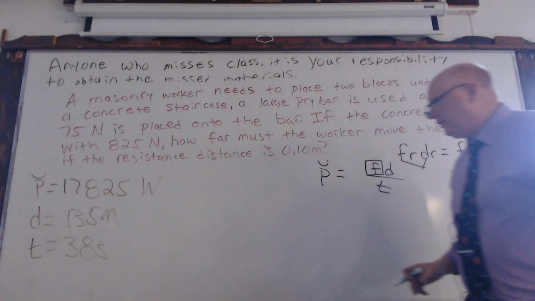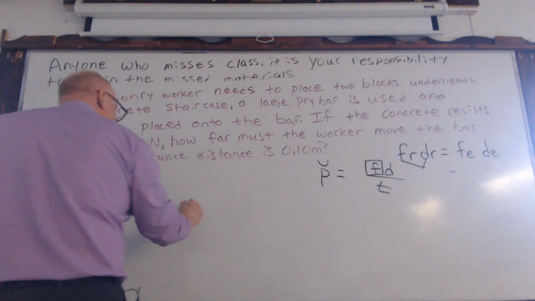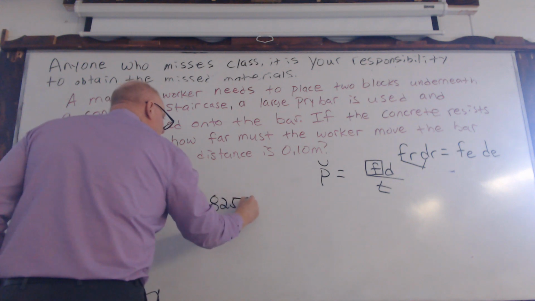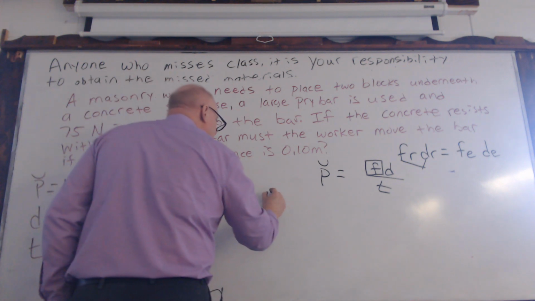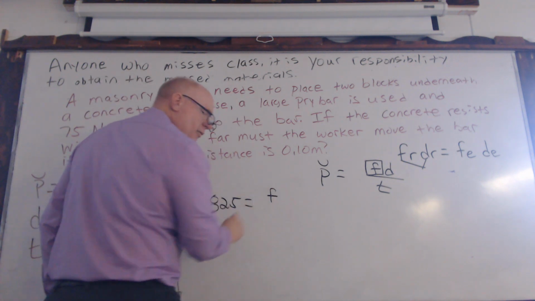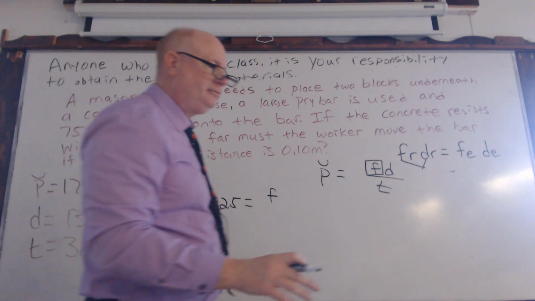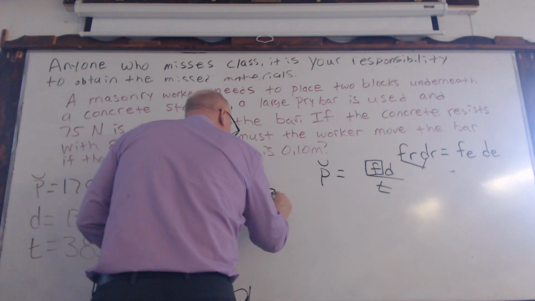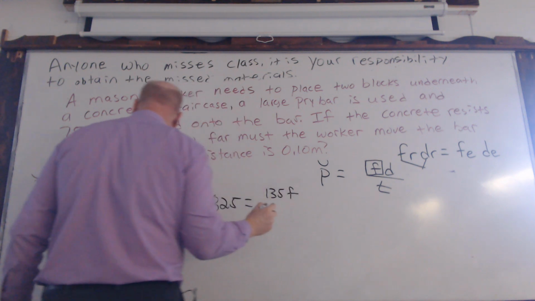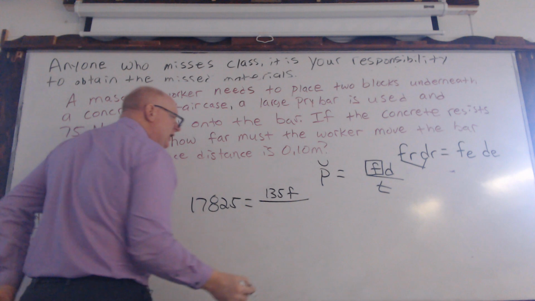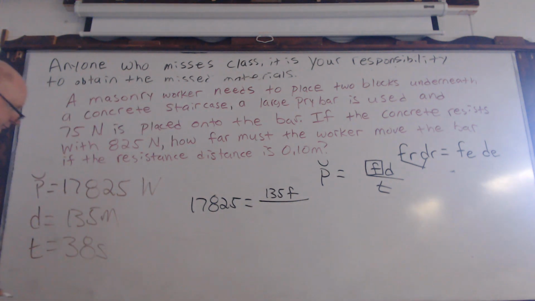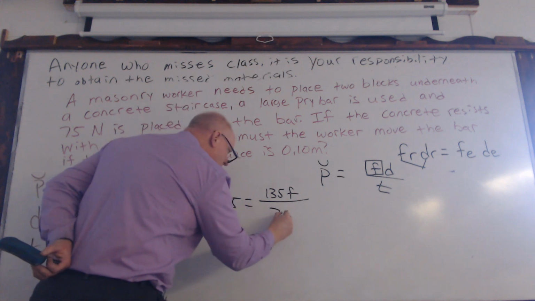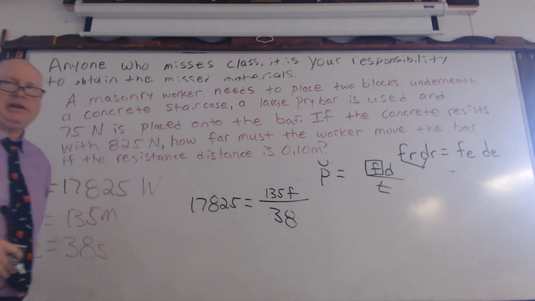Okay? So, we've got 17,825. Well, we can rewrite that. Okay? So what goes on the bottom of our fraction? 38. Okay? How do we get rid of this fraction?